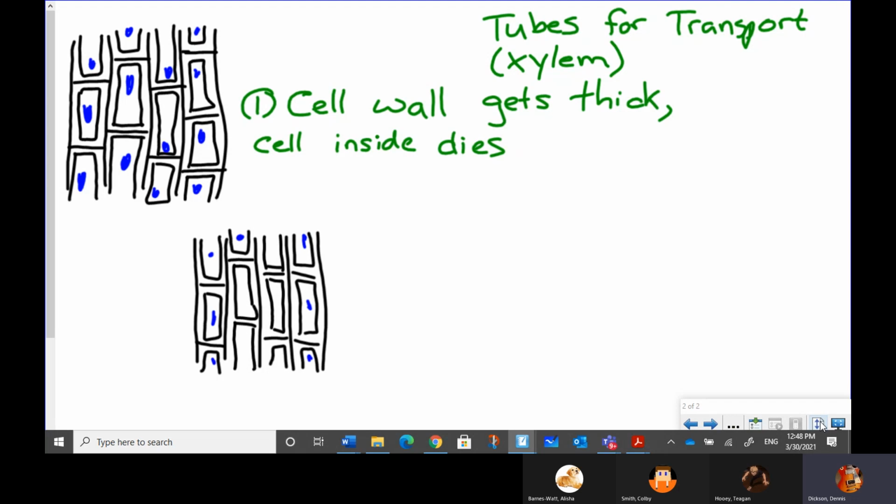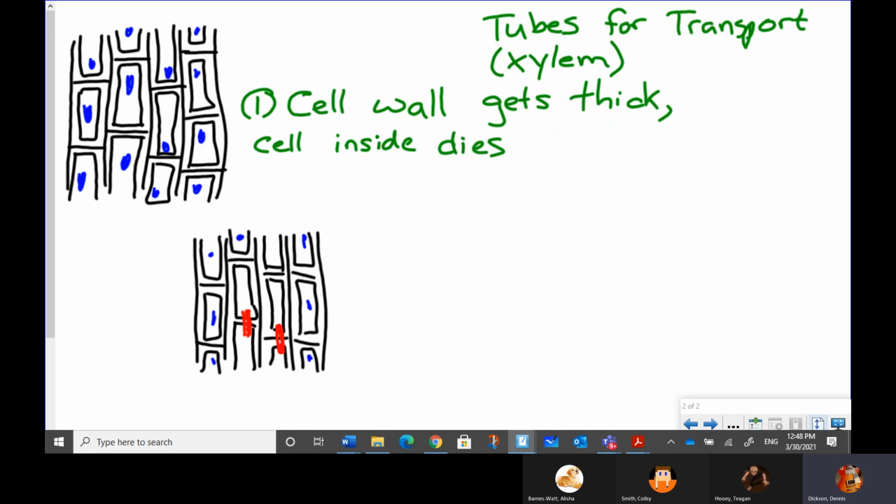So now that those ones are dead, what's going to end up happening is we get these little pores, and I'll show them in red, that develop in between the cell wall. That kind of connects this to this. And then this one will have a pore develop in there.